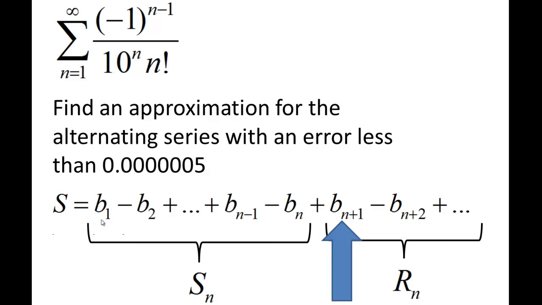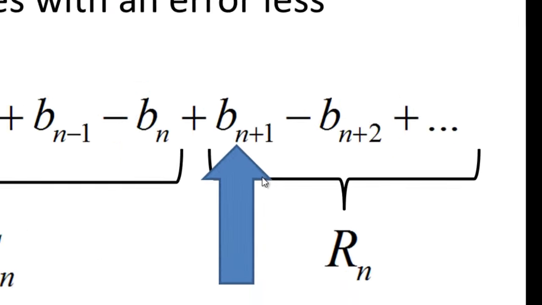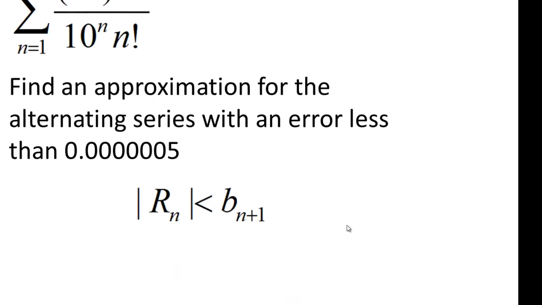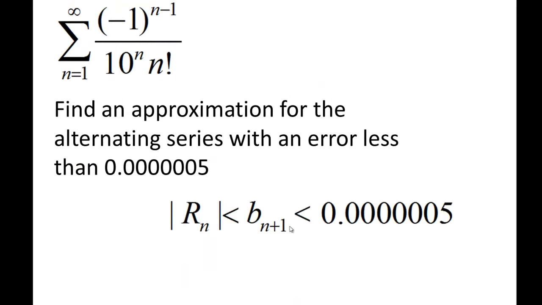Now over here, the remainder, you can treat this as a series as well. If you were to add up these terms, it can be no bigger than this term right here, the Bn plus 1. So I can write that like this. We're looking for the term, the Bn plus 1, so that that term is less than my error.